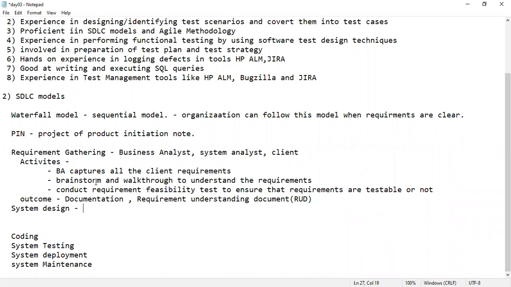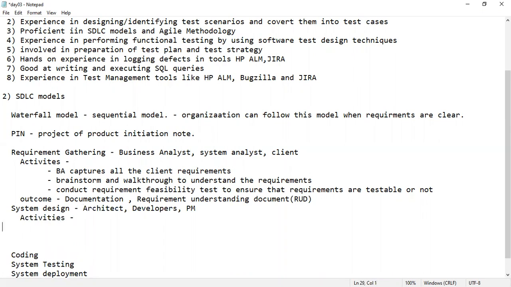Here, who will be involved? Architects, even developers and project managers. So what are the activities in system design?